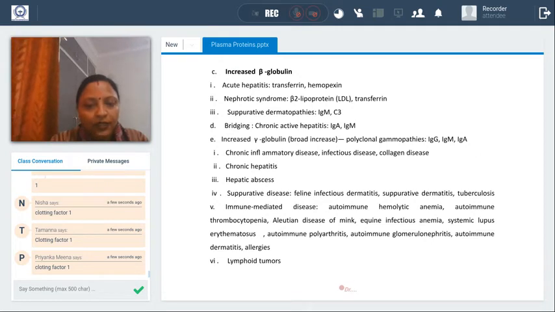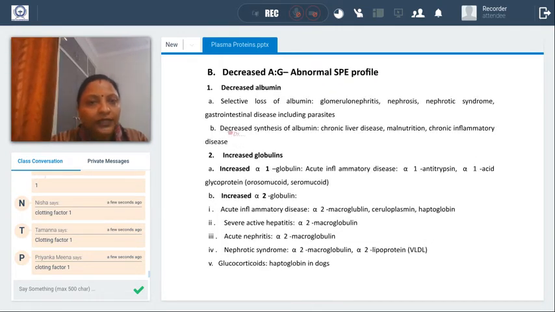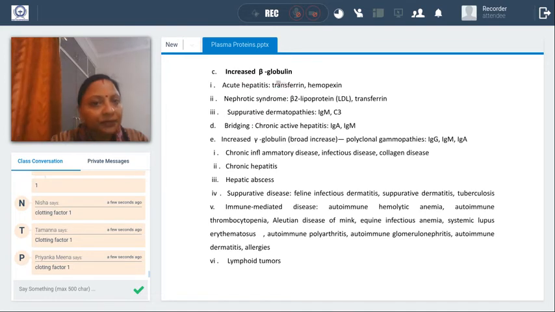A is decreased albumin, B is increased globulin, C is increased beta globulin. It is present in acute hepatitis, nephrotic syndromes. Then another is bridging chronic active hepatitis, increased gamma globulin.